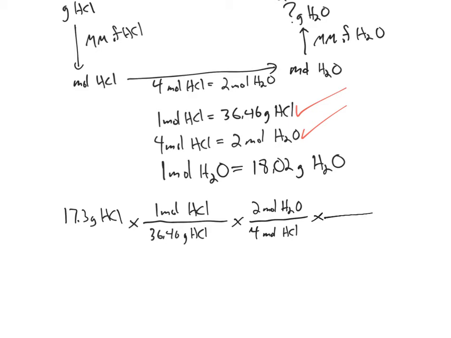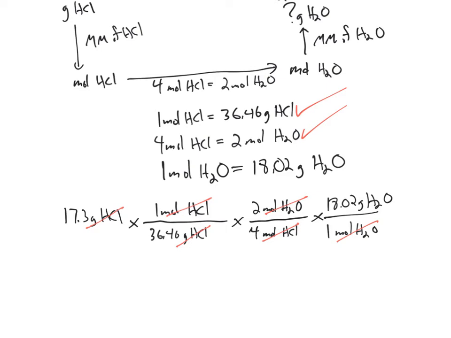And then 1 mole of water, 18.02 grams of water. And let's check and make sure everything canceled. So I have grams of HCl canceled with grams of HCl, moles of HCl, moles of HCl, moles of water, moles of water. And so I'm left with grams of water as my final units. That's what I'm looking for, so that's good.